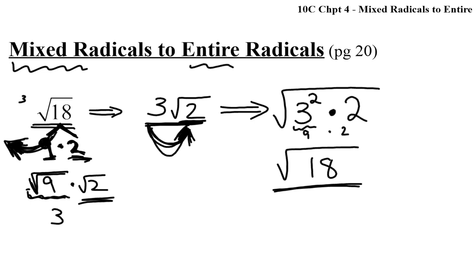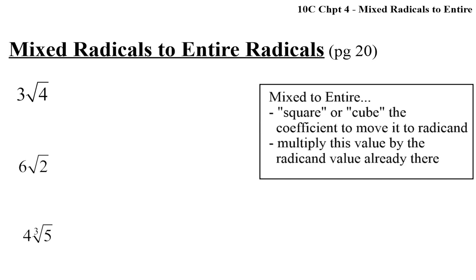That's really all there is to these calculations. To go from mixed to entire, we square or cube the coefficient, the number out front, to put it back in. But we also have to multiply by the radicand value that's already there.